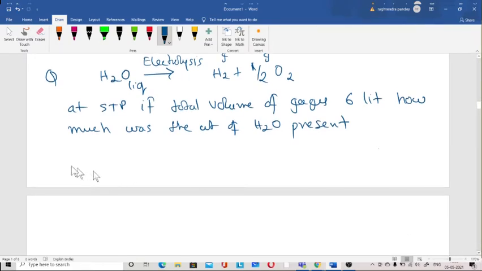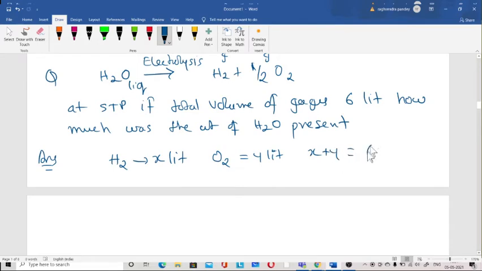So H2 is X liter, suppose, and O2 is Y liter, and X plus Y is 6 liter.